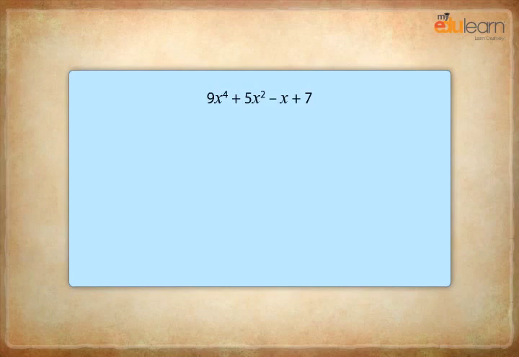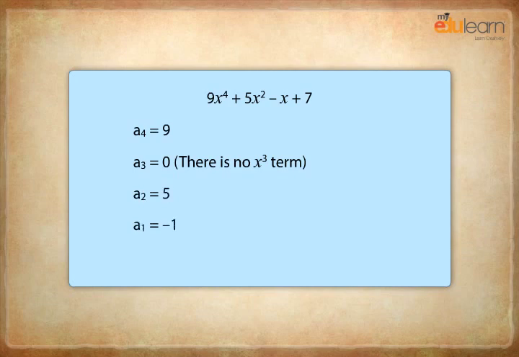Let us consider this polynomial. Here a4 is equal to 9, a3 is equal to 0 because there is no x cube term, a2 is 5, a1 is minus 1 and a0 is equal to 7.